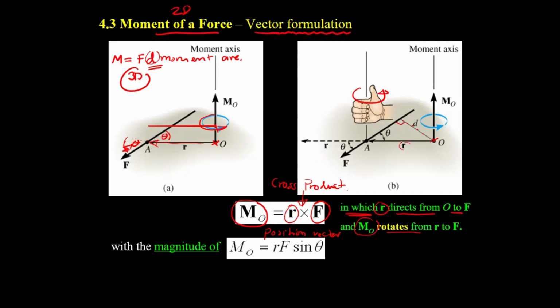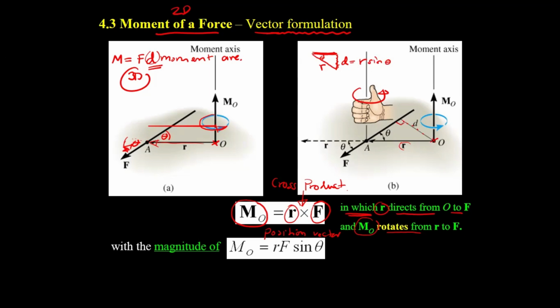So if you put it, you will get a picture something like this one: D, and this one is R, and this one is theta. So D is determined equal to R times the sine.